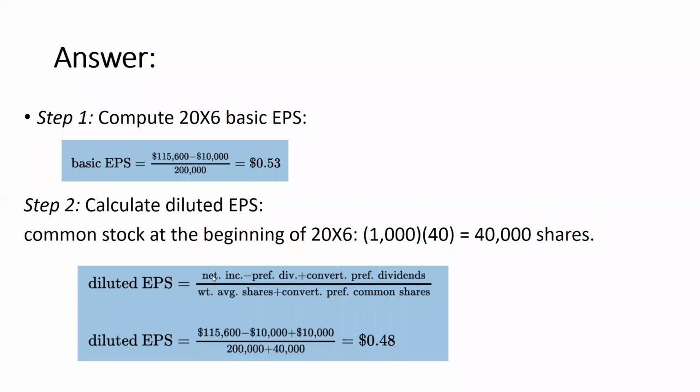Stock options and warrants will not affect the numerator; they will affect only the denominator. But convertible preferred stock and convertible debt securities will affect both the numerator and denominator. You should keep this in mind.